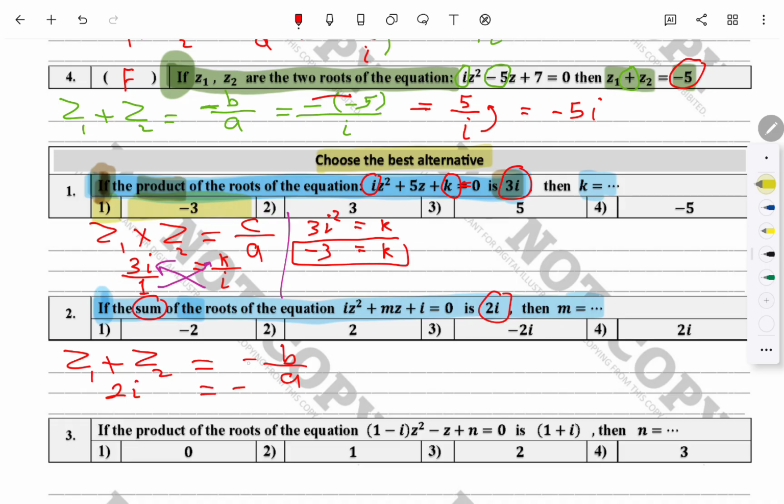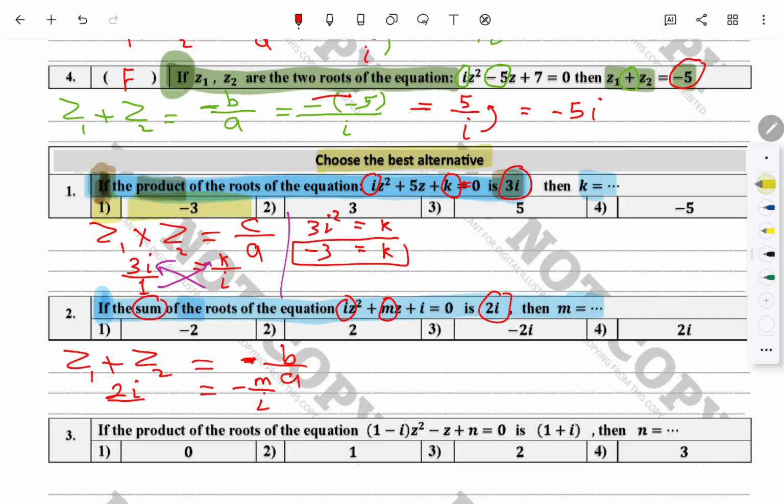I can keep this negative from the coefficient, from the formula, and go to this m and put it instead of b over a, which is i. i is the coefficient of z squared. Don't take z squared.